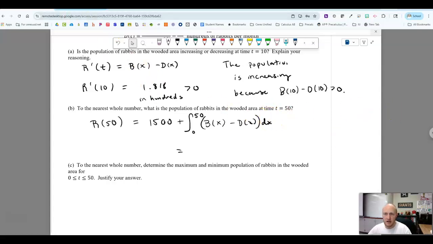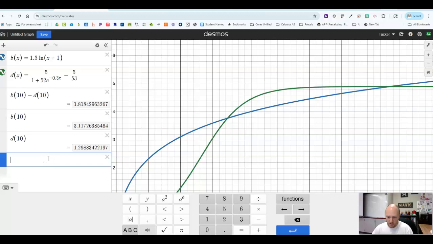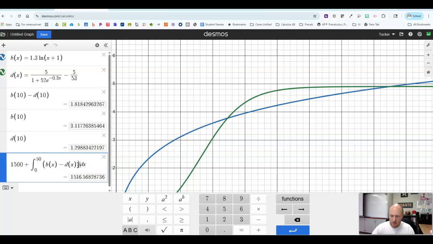Okay, so again, in your calculator, we can just go down here and say 1,500 plus the integral, int, from 0 to 50 of b of x minus d of x dx. And it's going to make me put parentheses around my integrand.